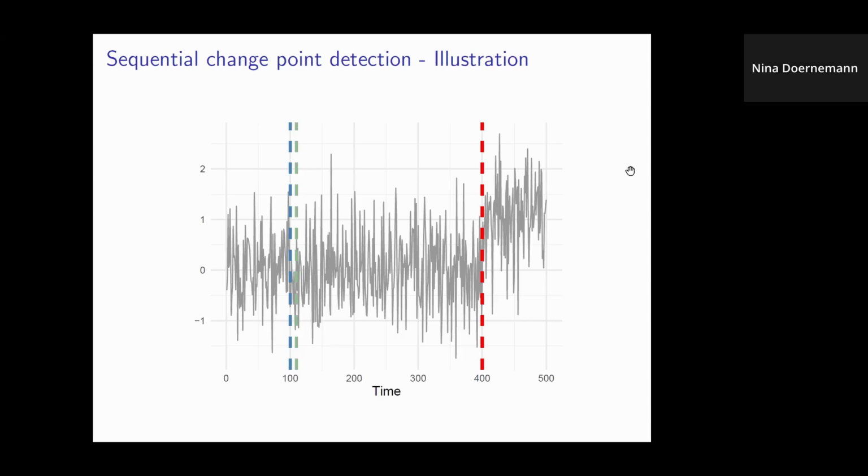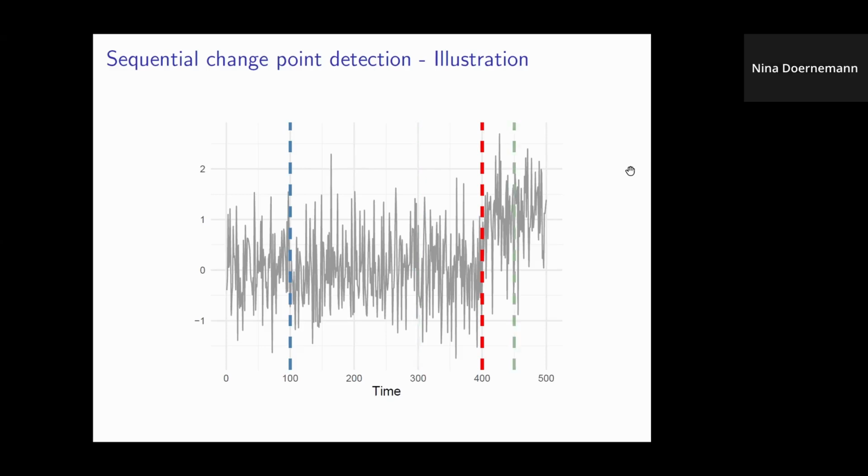If we believe there was no change, which we hopefully will at this point, then we continue monitoring and we get more and more data. So here at this green dashed line, we are at time 200 in the monitoring period, and we get 200 data points. And then again, we ask our detector, is there a change or not? And if not, we continue.